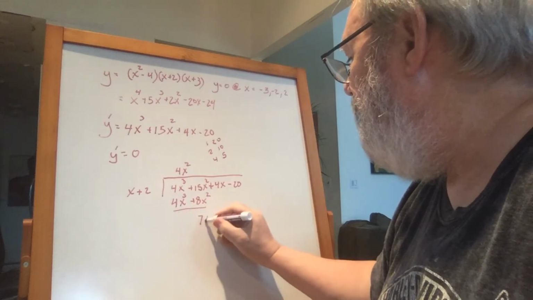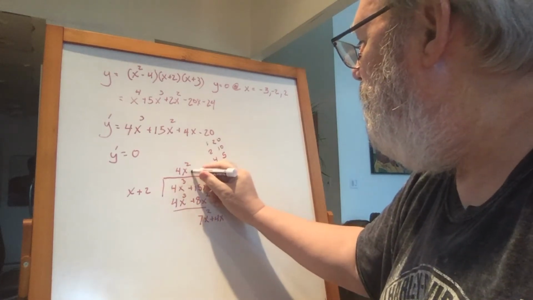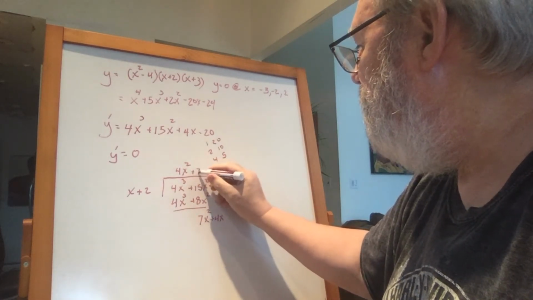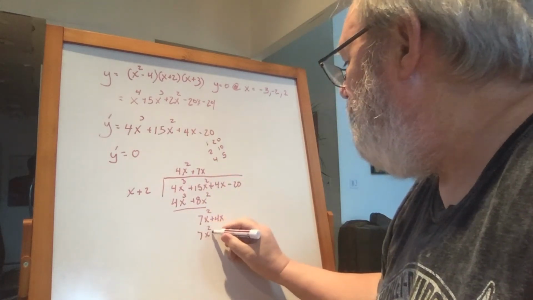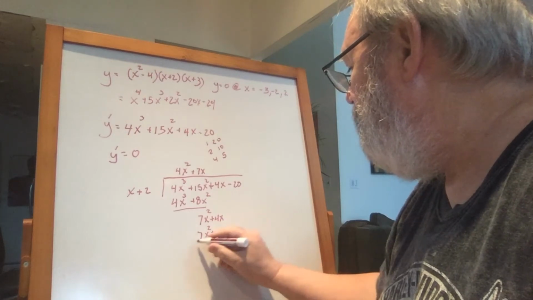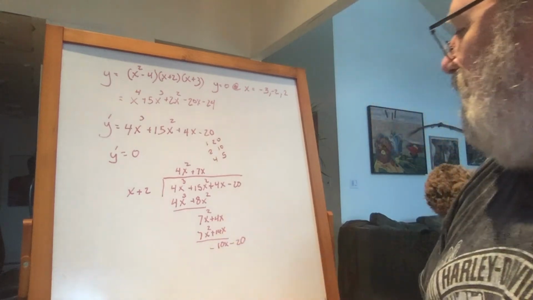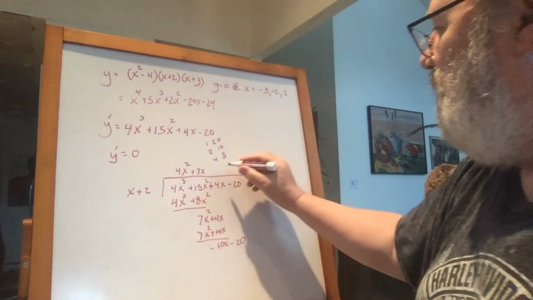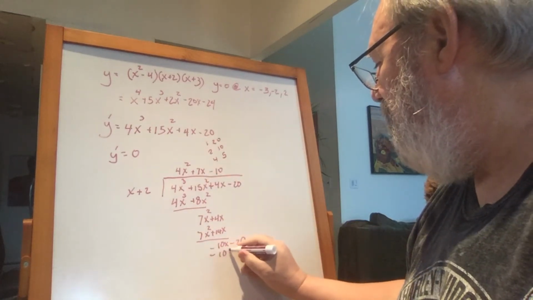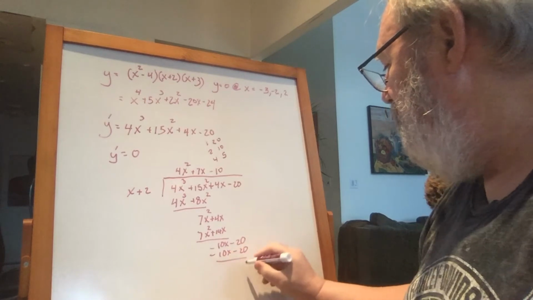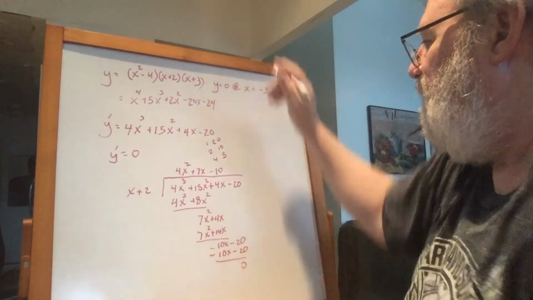That's 7x squared plus 4x. So we go plus 7x. And that's 7x squared plus 14x. And that's minus 10x minus 20. So we go minus 10. And we have minus 10x minus 20, and that's 0. So x plus 2 definitely worked.